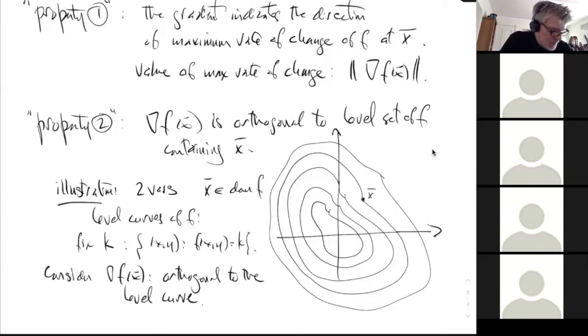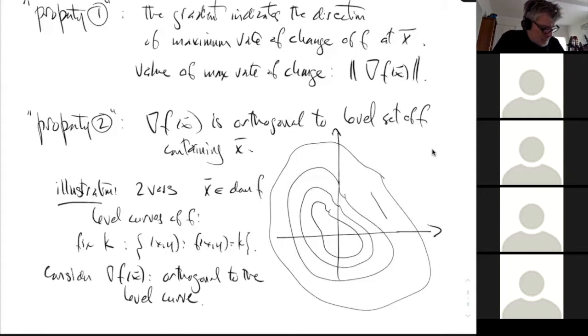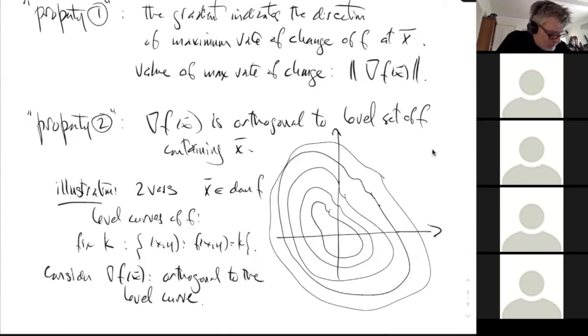Let me modify this a bit, like that. Let's put x bar here. So the gradient will be perpendicular to the curve. I'm not explaining why this is true, but this is the meaning of property 2 in 2 variables.